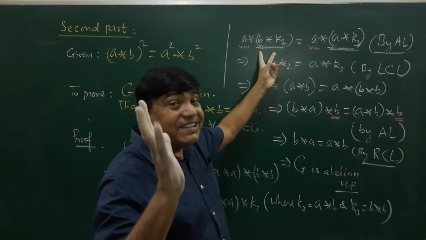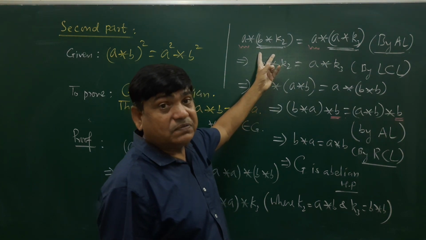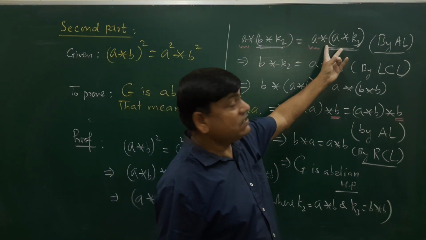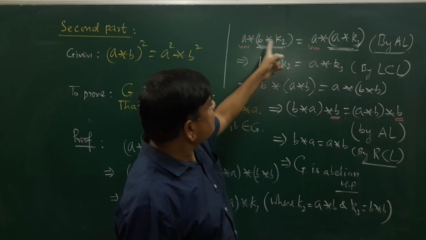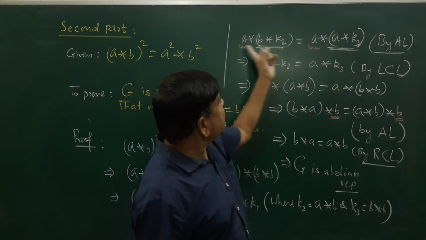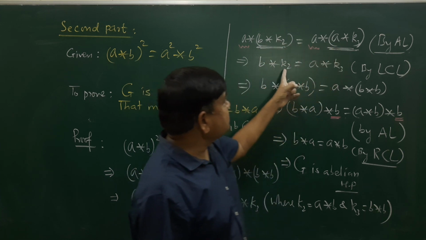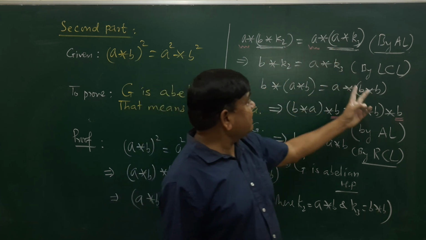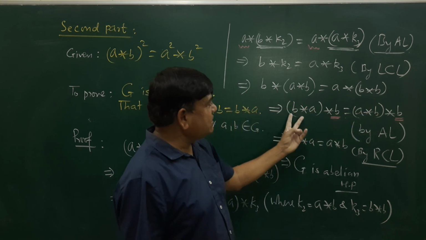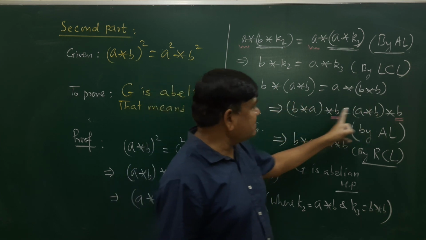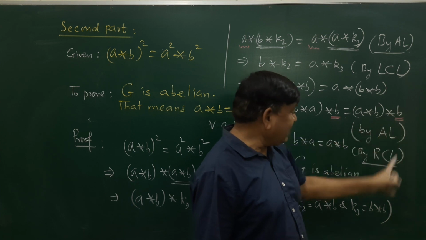Now see the importance of associative law and cancellation law. So here it is, this one. Then what? Again we can apply this and this cancelled out. So this part is left. Then substitute the value of K2, K3 here. Apply the associative law. Here it is. Now this and this will be cancelled out by right cancellation law.